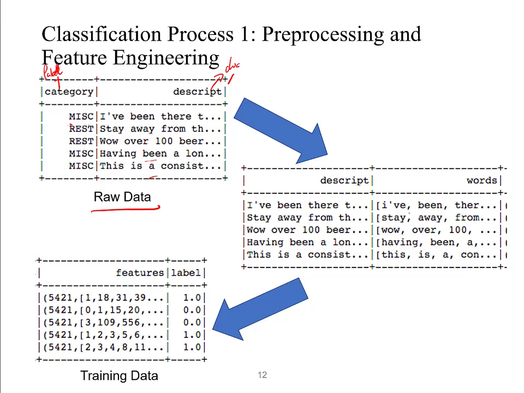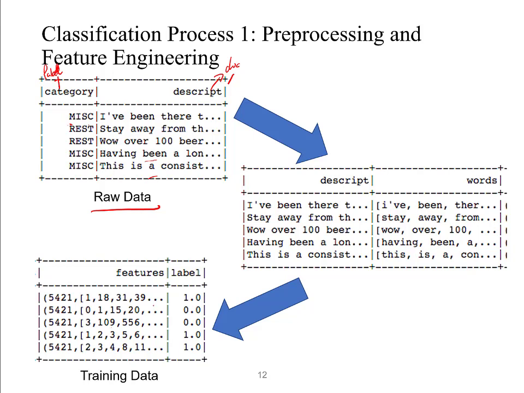So we tokenize the original sentence into a set or a list of words. And as you can see here, after that, we do the word counting. We count the frequency of each word.